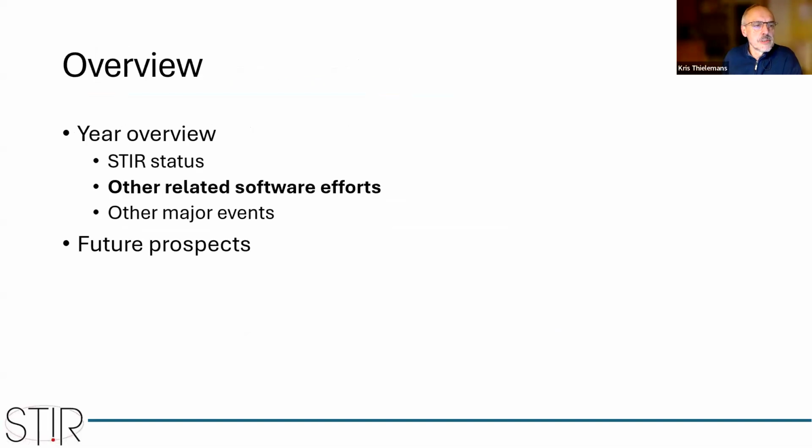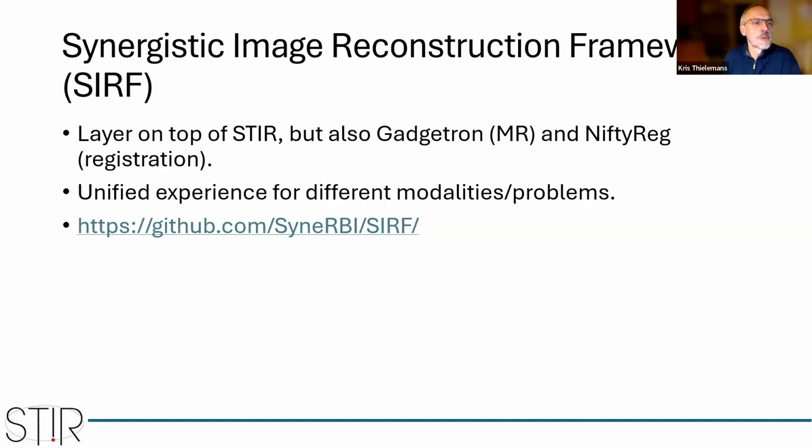So that's it for the STIR releases that we've had. Onto the other related software. So you've heard from Sam, Nicole, and Paul. They are using STIR mostly via SIRF, not only, but mostly.